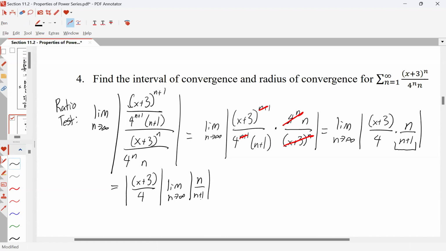The part that's just n, that's a rational limit that we know. The limit portion is 1, because we have a rational with the same degree. So we ultimately just get x plus 3 all over 4.